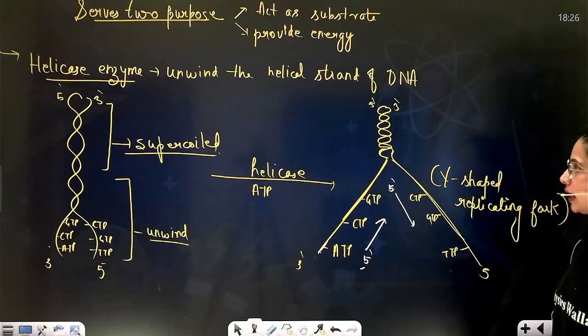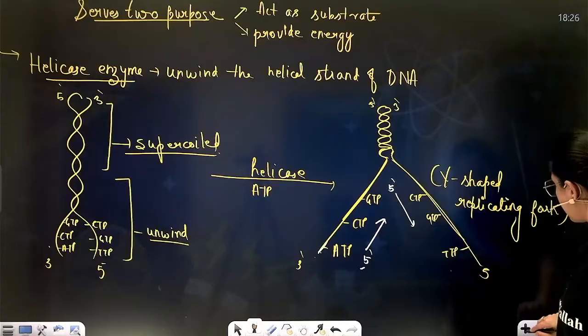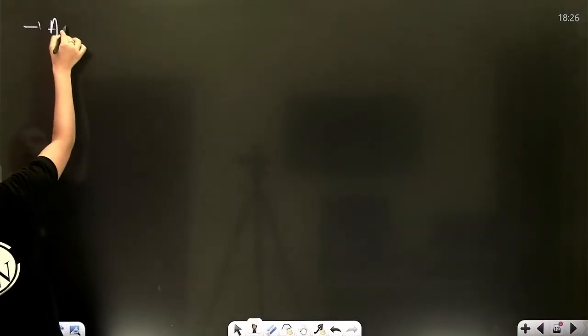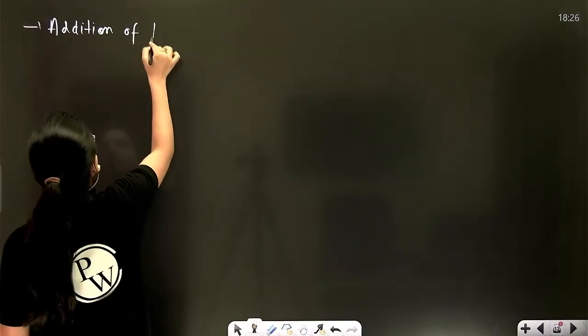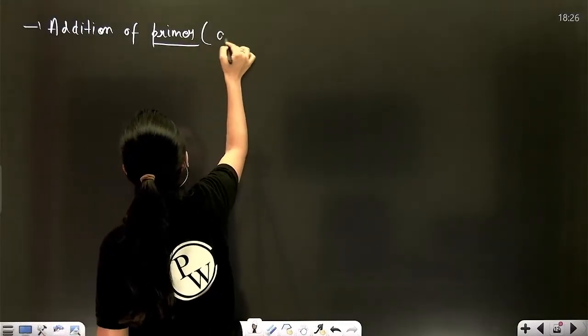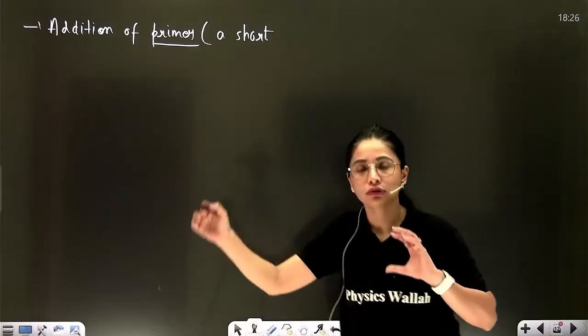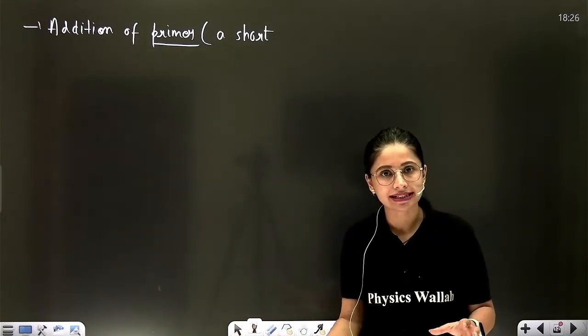Understood? Okay. Now, after helicase activity, next comes the primase activity. Next step is addition of primer. Now, what is primer, beta? Primer is a short oligo. Oligo means 2 to 9 nucleotides free in the cytoplasm of prokaryotic cell.